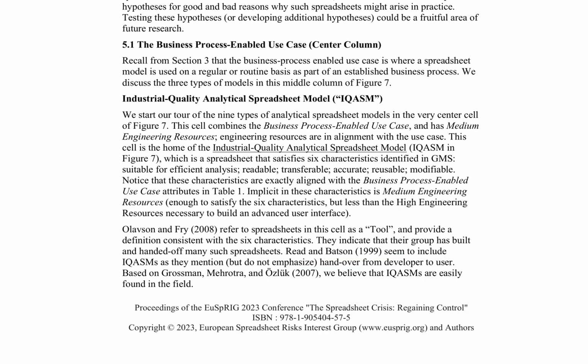This model is classified as a tool by Olofsson and Fry, 2008, and its handover from developer to user has been discussed by Reed and Batson, 1999. The taxonomy provides a framework for understanding the evolution of spreadsheets over time, paving the way for future research into development guidelines, risk assessment, and risk management.